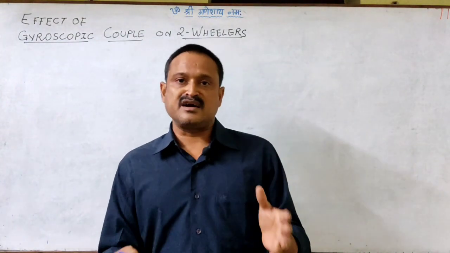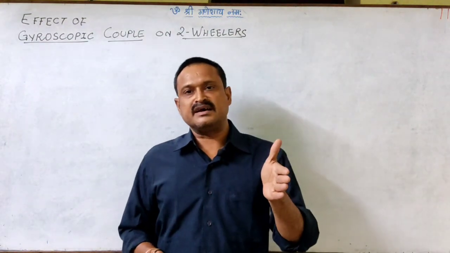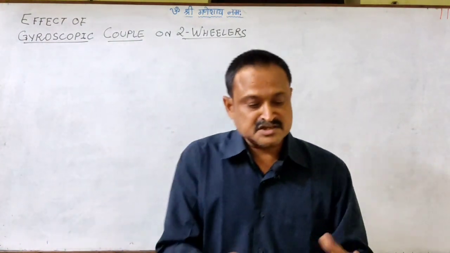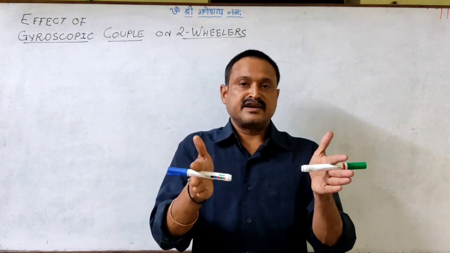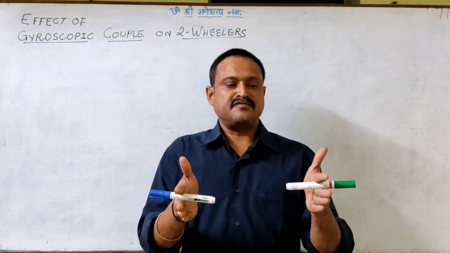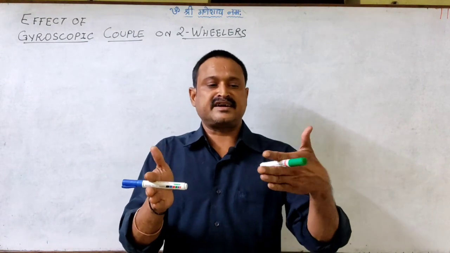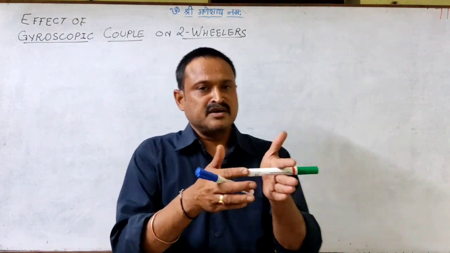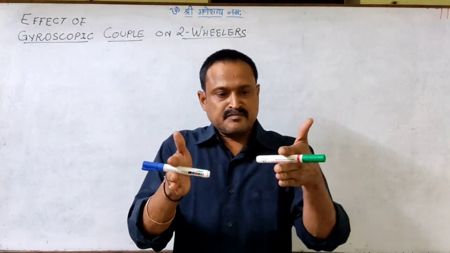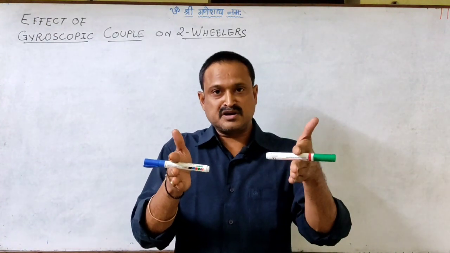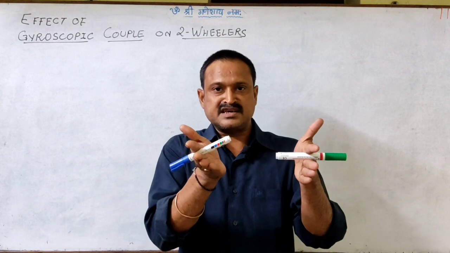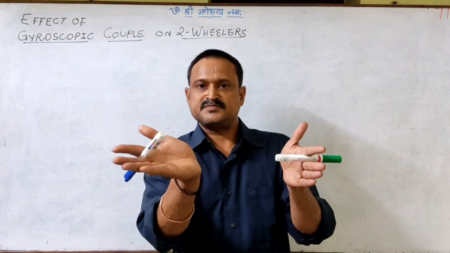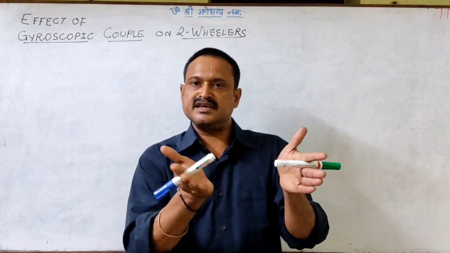So if I now compare the wheel condition of a four-wheeler and a two-wheeler, there will be a little bit of difference. Say this is for a four-wheeler and this is for a two-wheeler. During a right turn, when a four-wheeler is taking a right turn, the axis of spin simply turns in the horizontal plane, whereas in case of a two-wheeler, the axis of spin gets tilted and then it turns in the horizontal plane.